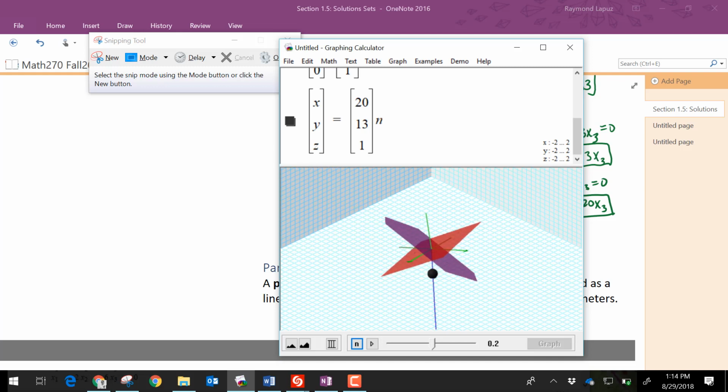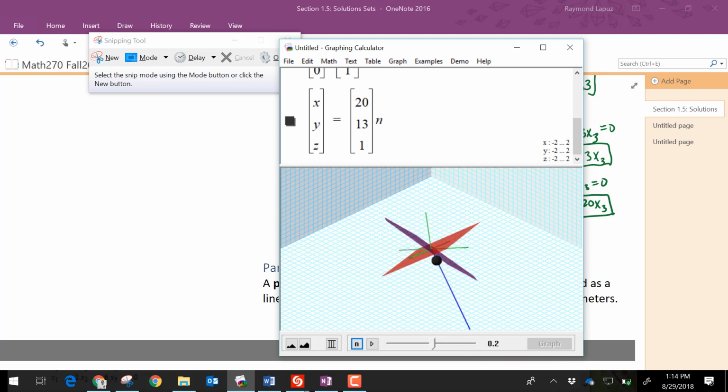So what I tried to do in this graph is to have a line or a point that walks through that line using this parametric equation. So for any value of n that I choose, that's like your x3, right? For any value of n that I choose, I will be on that line as I move through it.